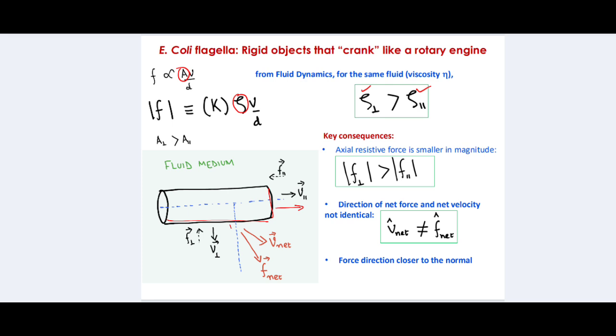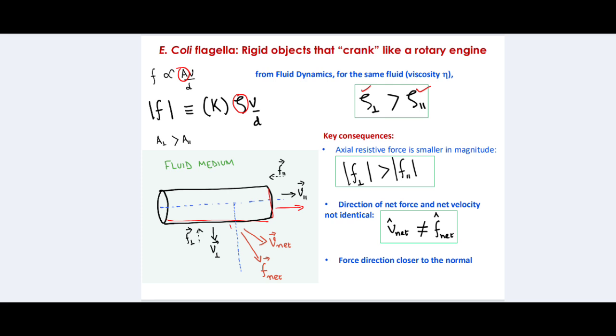And also it can be shown that the net movement, if I have V parallel here, V perpendicular here, the net movement, which is the vector sum of this direction and this direction, is actually not, say I have put unit vectors in this formula, your net movement and the net force, they are not exactly parallel.